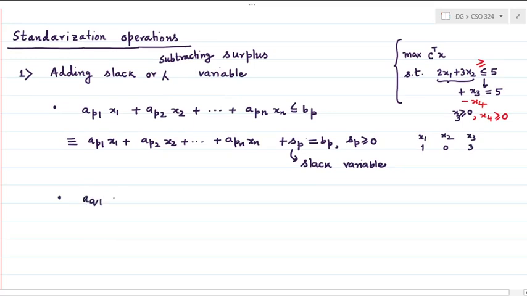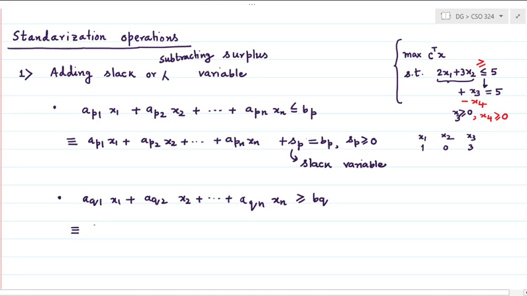You may have the qth inequality: a q1 x1 plus a q2 x2 plus a qn xn is greater than or equal to bq, the qth inequality of the given problem.